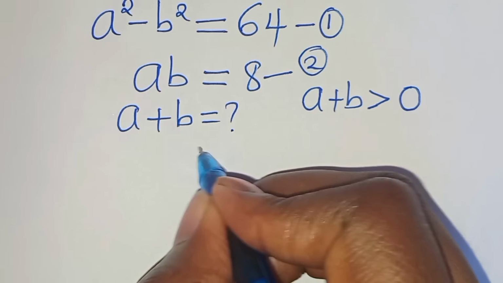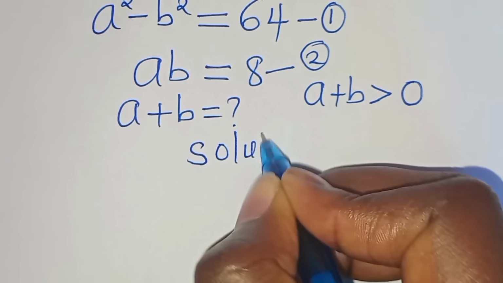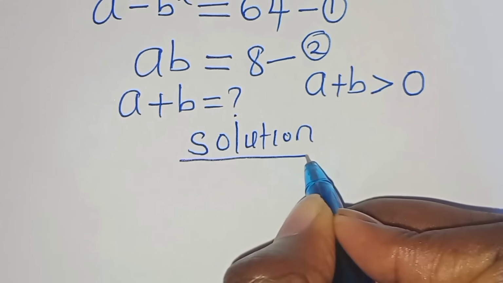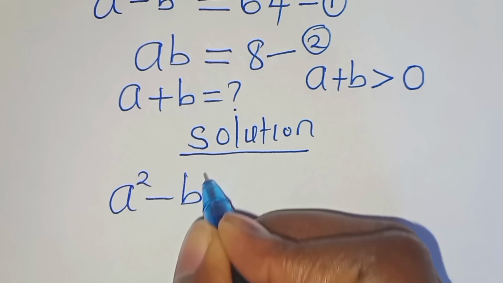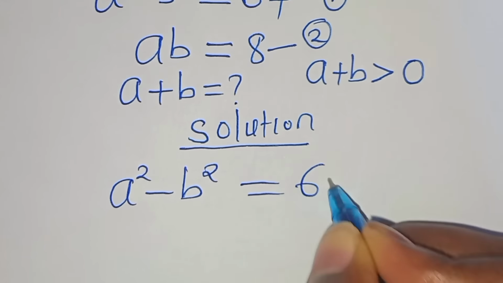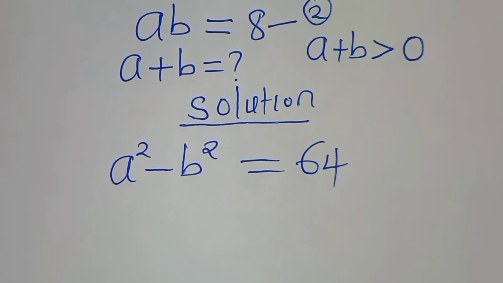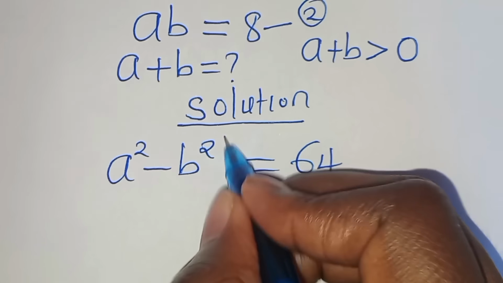So let's present a solution from here. Now, from equation 1, which is a squared minus b squared equal to 64, the first step is to square both sides.